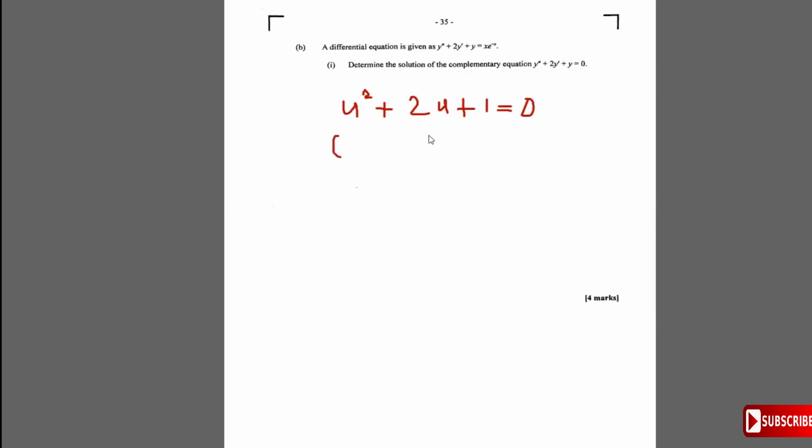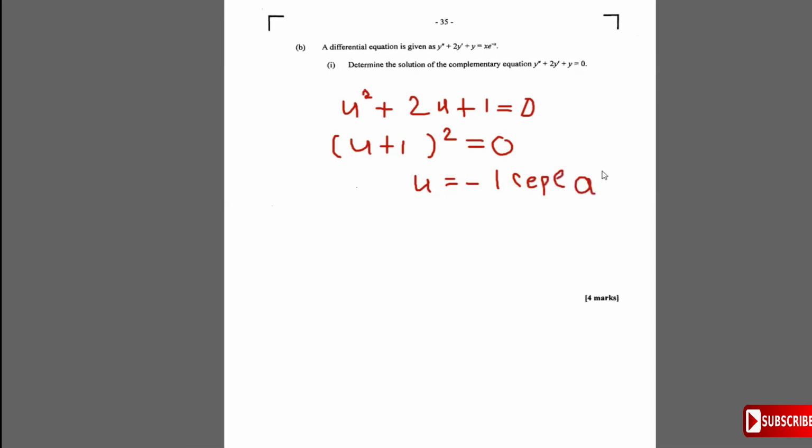We can factorize this to get u plus 1 all squared is equal to 0. And so u is equal to minus 1 repeated.